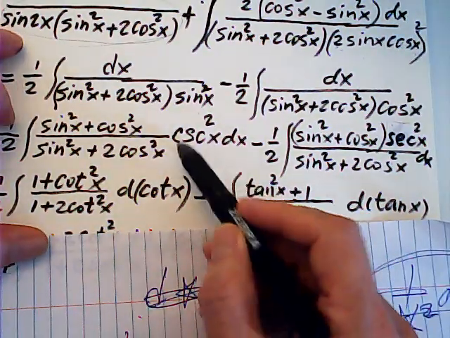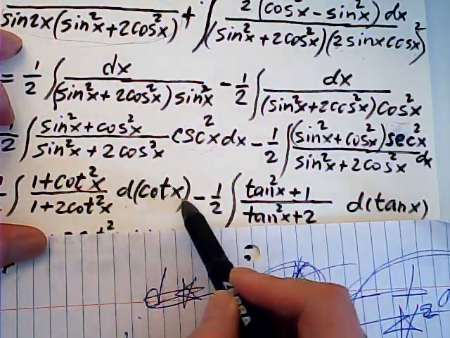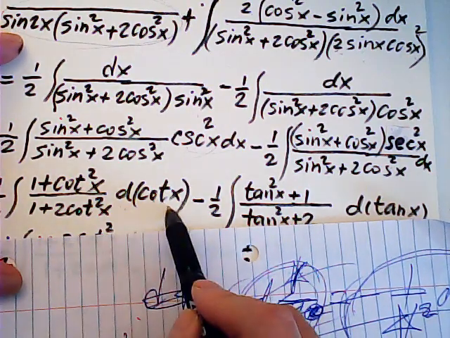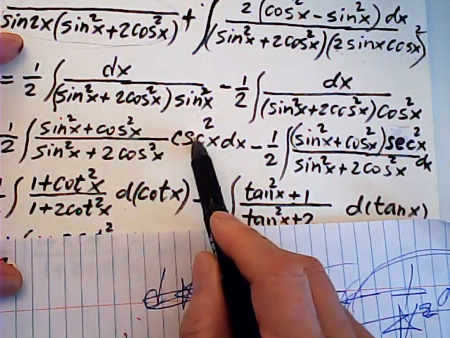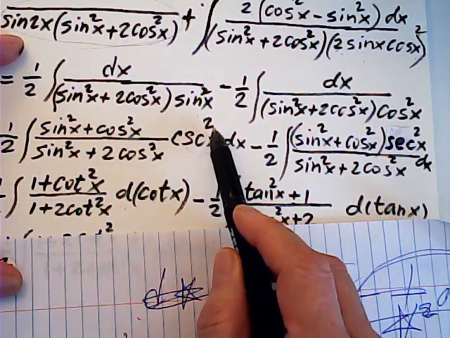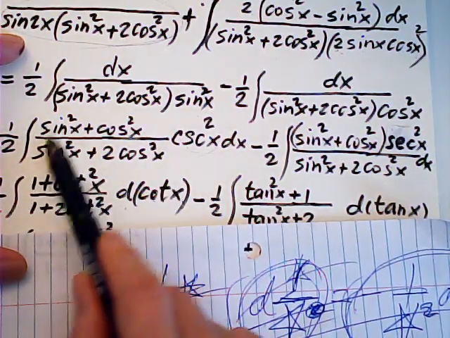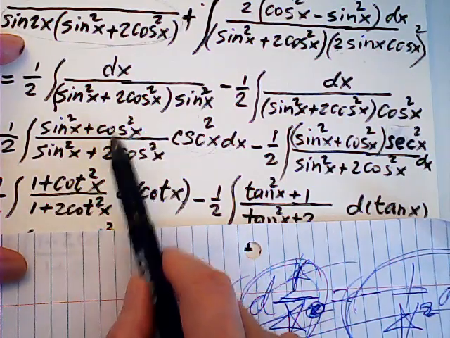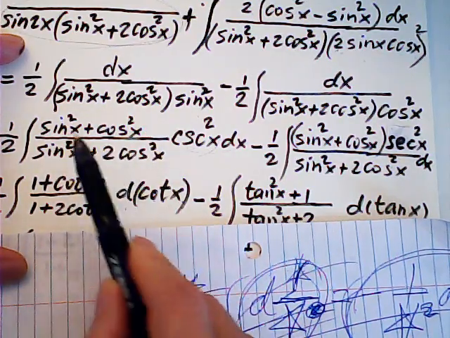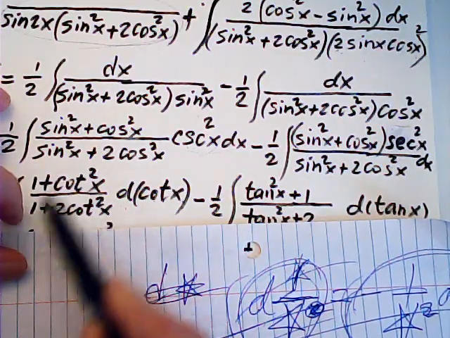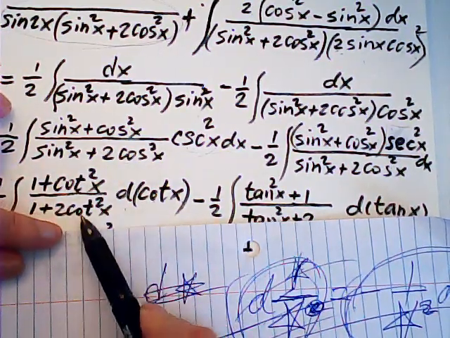Then this one is the d cotangent, negative. Cotangent derivative is the negative cosecant square. And here I'm dividing by sine square, both top and bottom. This becomes 1, this becomes cotangent square. This becomes 1, this is cotangent square.